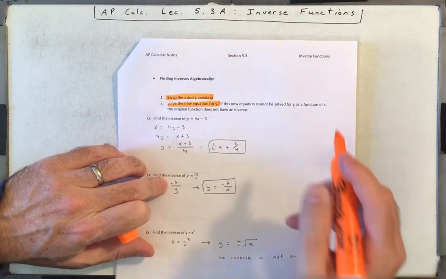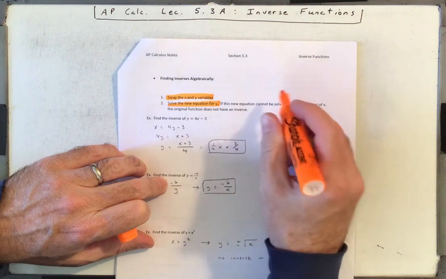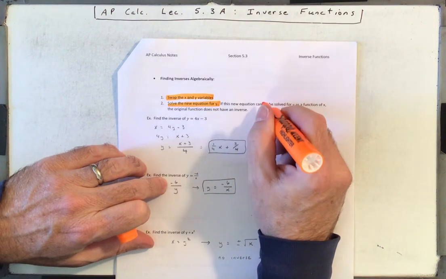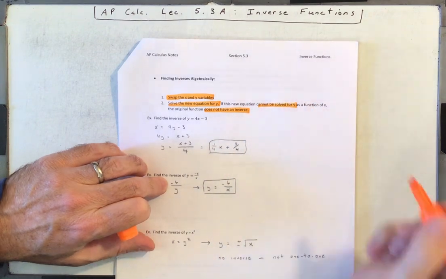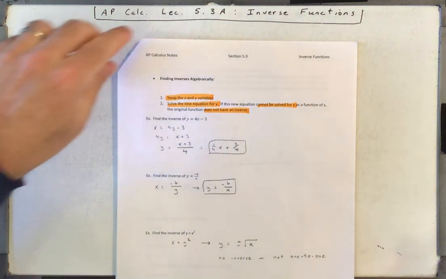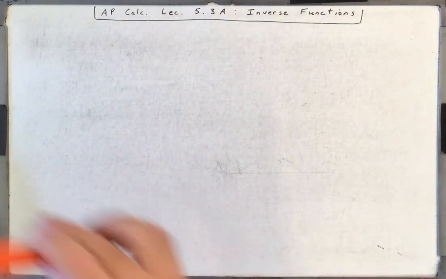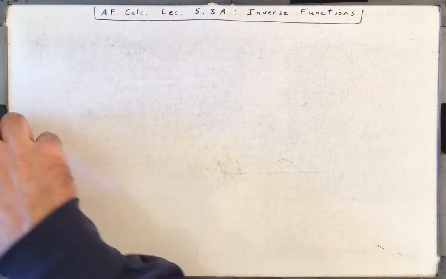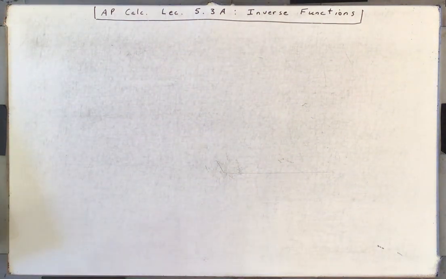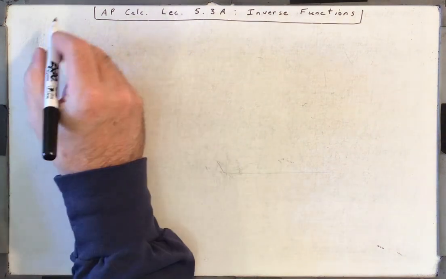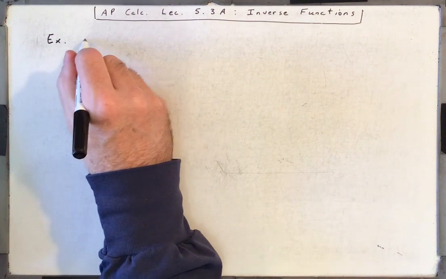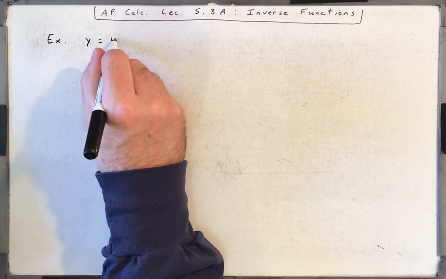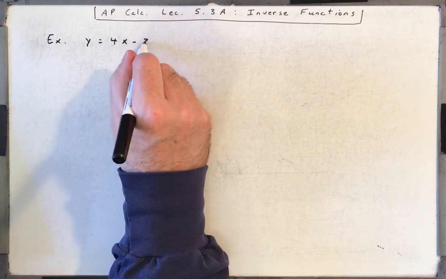If it cannot be solved for y as a function of x, then it does not have an inverse. I'll do an example of one that doesn't have an inverse in a minute. But our first example is find the inverse of y is equal to 4x minus 3.